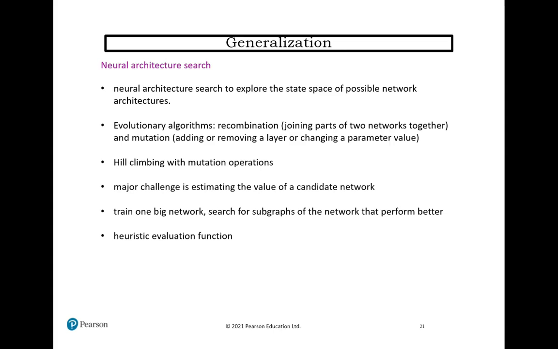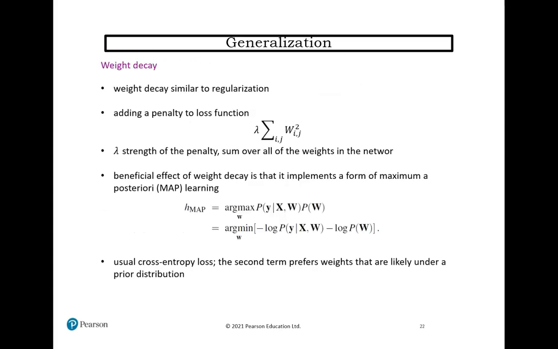We can use some kind of hill climbing with mutation operations to keep the size of the network under control. We can combine a genetic algorithm or some other algorithm to combine multiple networks. So there are ways to play around with the network architecture search in order to find a network that generalizes well.